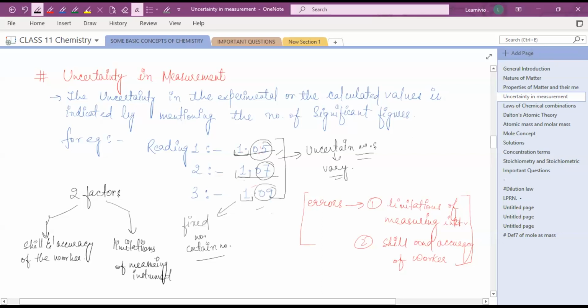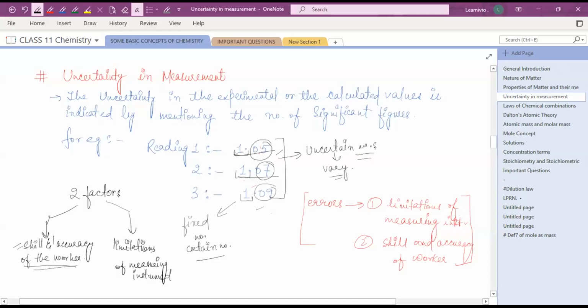Maybe the instrument is too old, that's why the error comes. Maybe no maintenance was done, maybe that instrument needs some maintenance. So due to this the error comes. It could be a limitation of the measuring instrument, or the skill and accuracy of the worker.